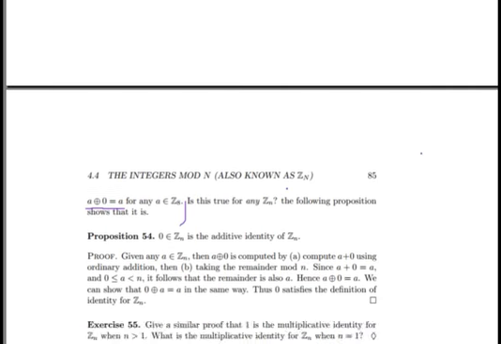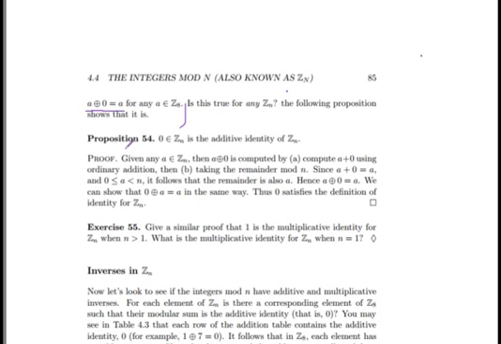Here you can see 0 is the ordinary identity for ordinary addition. And in this proposition, it's shown that 0 is also the additive identity for the modular integers.